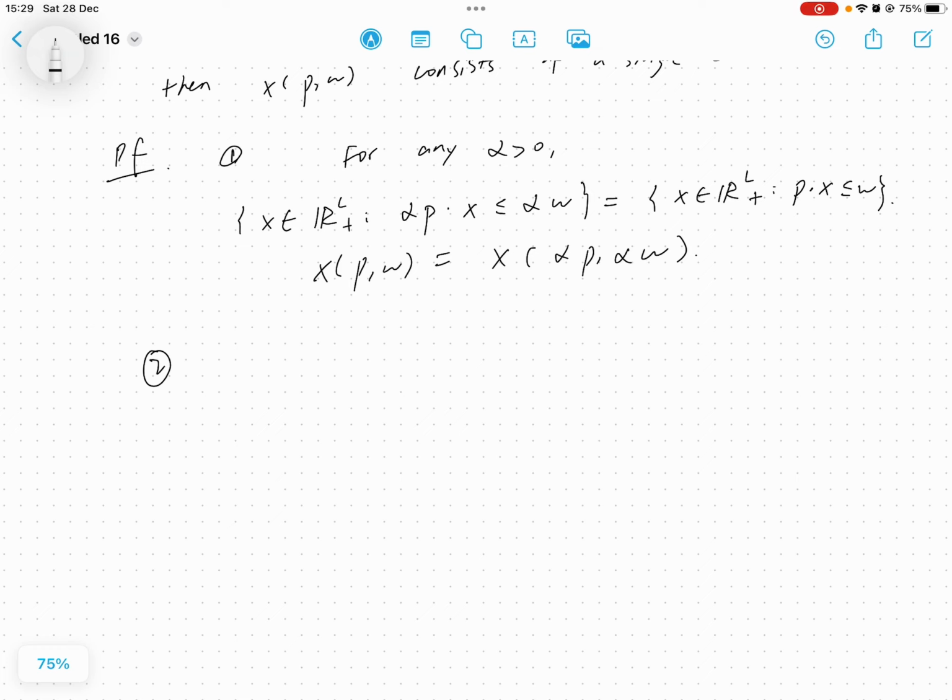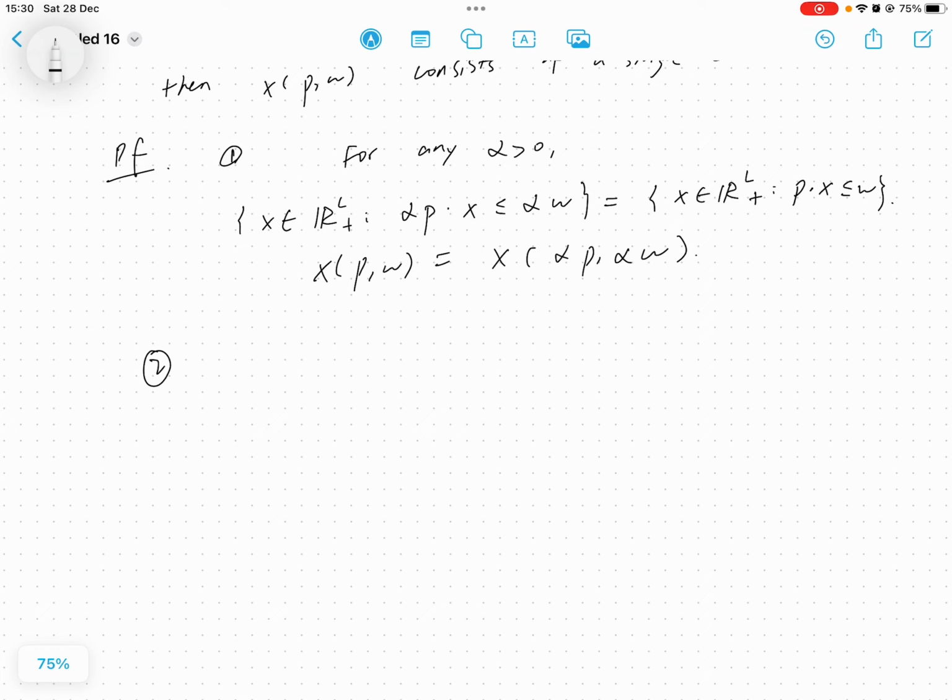And then next we're going to show the Walrasian law. It is derived from local non-satiation. Remember that local non-satiation is a weaker property than strong monotonicity.